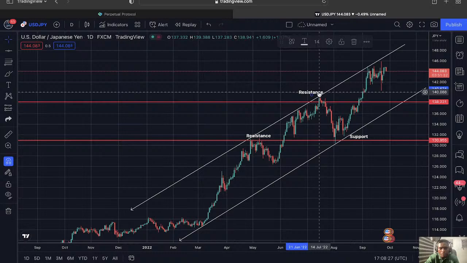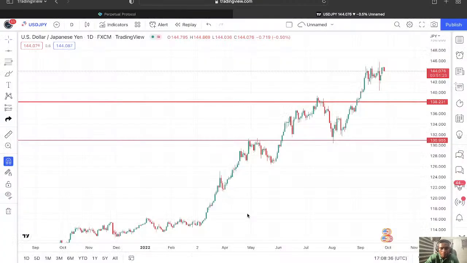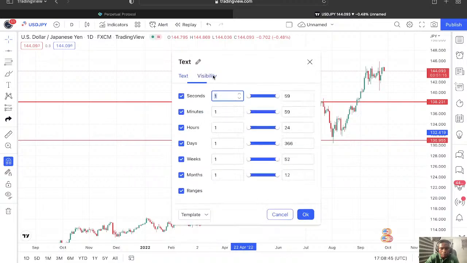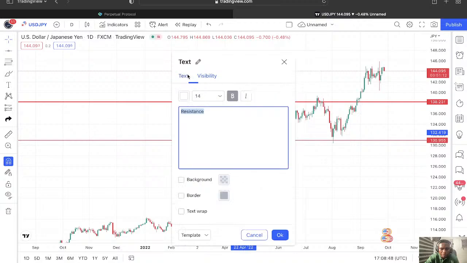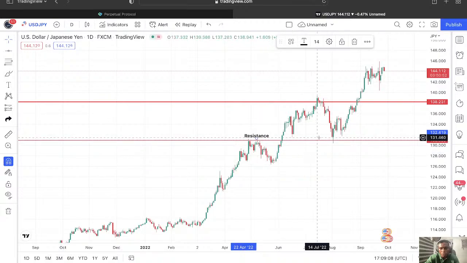Resistance. I believe you can now see clearly. Okay, let me just change the colors.